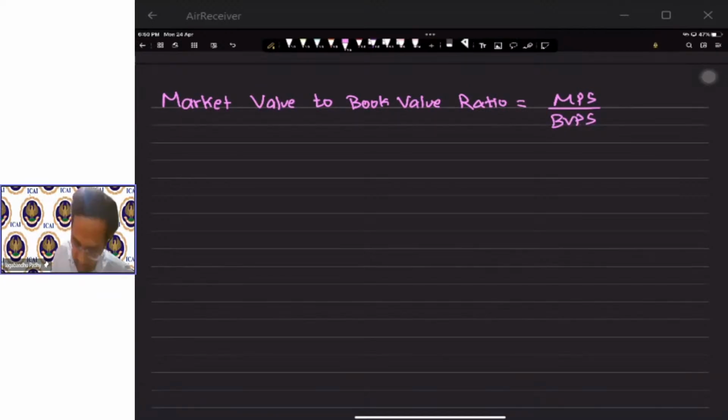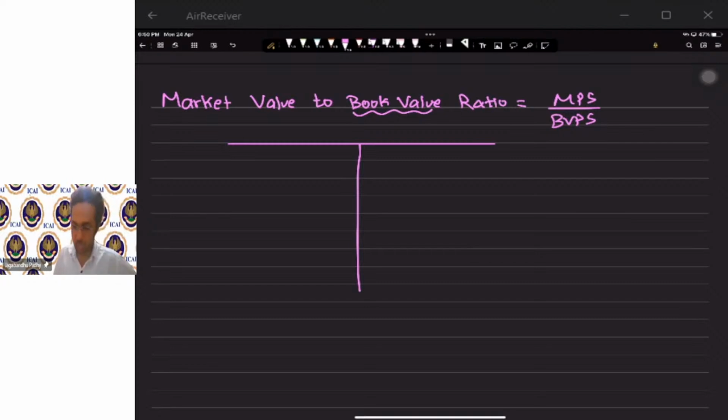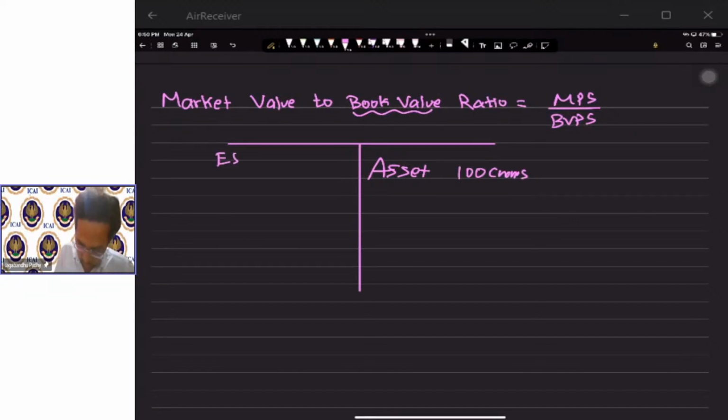Now, how do you get this book value? Let's say we're talking of a balance sheet. In the balance sheet, the company has got some assets. Let's say the company is having assets worth 100 crores. The company is having equity share capital of, let's say, 20 crores.